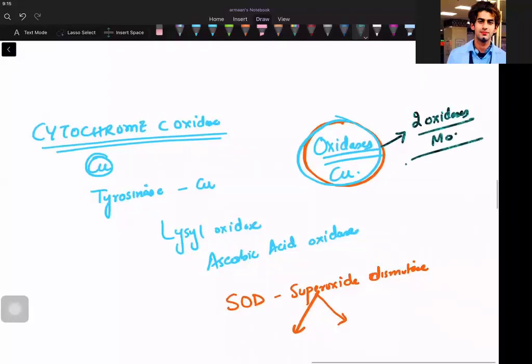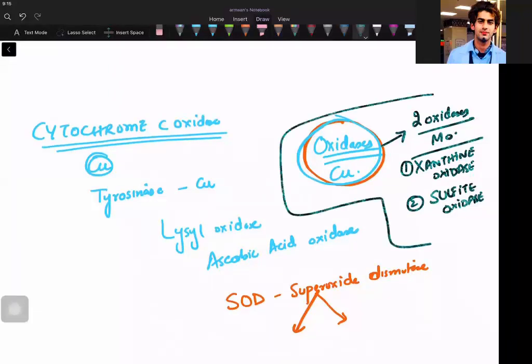They are xanthine oxidase and sulfite oxidase. This was what I forgot to tell you in the beginning. Please remember this.